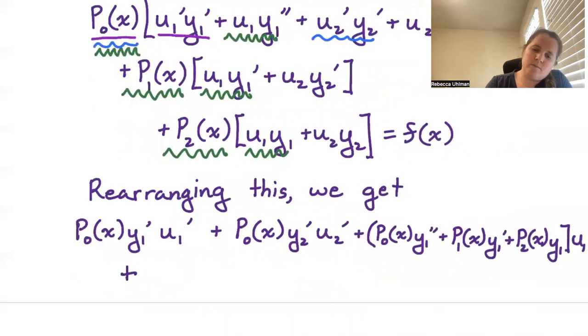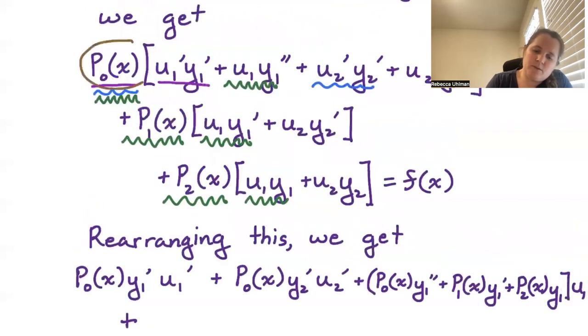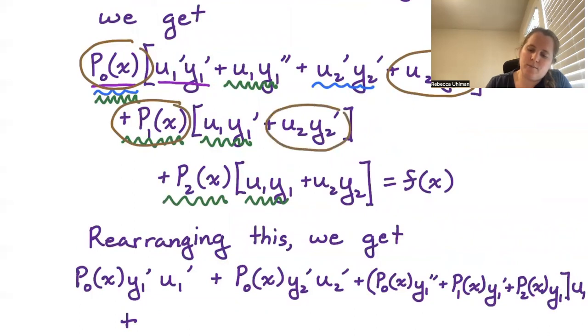Then similarly, we have P0 of x times u2 y2 double prime, P1 of x times u2 y2 prime, and P2 of x times u2 y2.